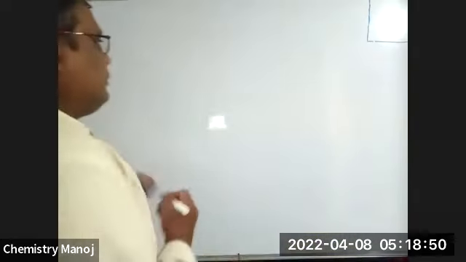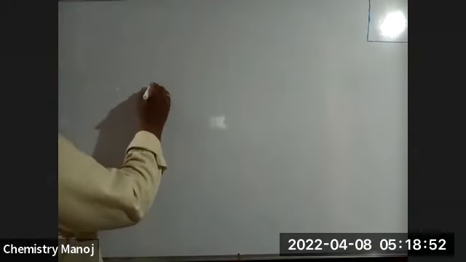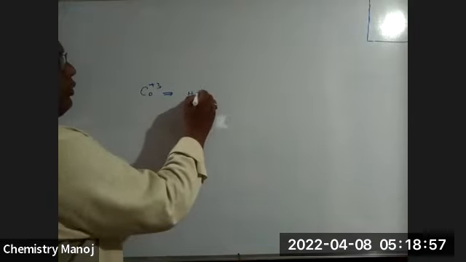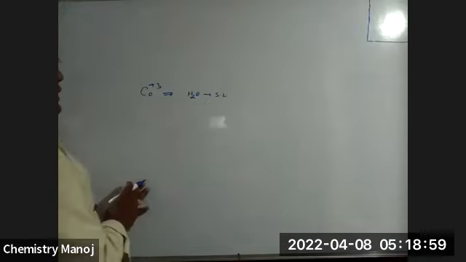So in our previous class, we started VBT. VBT explains magnetic properties of complexes, hybridizations, and their structures. Already I gave you some exceptions. With Co+3, please keep in mind, my dear, H2O acts as a strong ligand. That's very, very important.